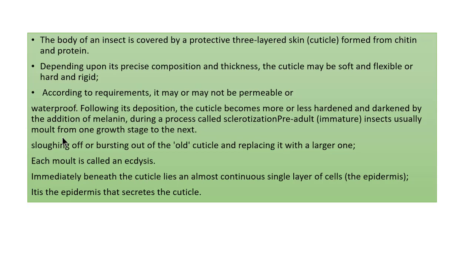So this is about the molting stage: sloughing off or bursting out of the old cuticle and replacing it with a larger one. Each molt is called an ecdysis, or molting stage. Immediately beneath the cuticle lies an almost continuous single layer of cells, that is the epidermis. It is the epidermis that secretes the cuticle.